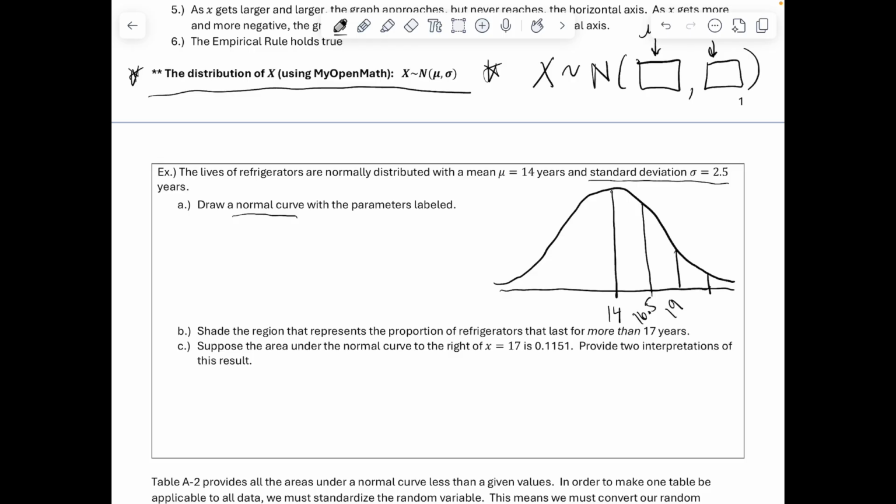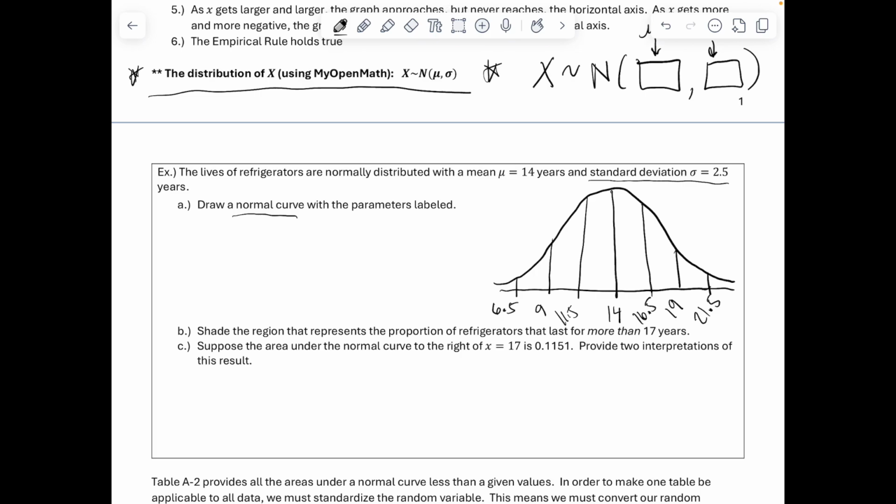And then adding another 2.5, we get 21.5. Likewise, we're going to go the opposite direction and subtract 2.5. So 14 minus 2.5 is going to be 11.5. Another standard deviation, so subtracting another 2.5 is going to equal 9. And then another standard deviation, subtracting 2.5, would be 6.5.